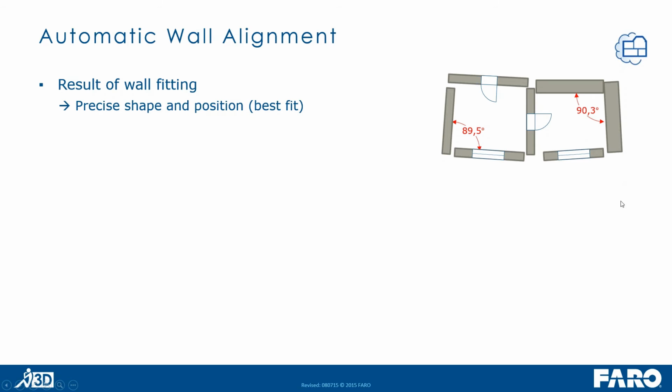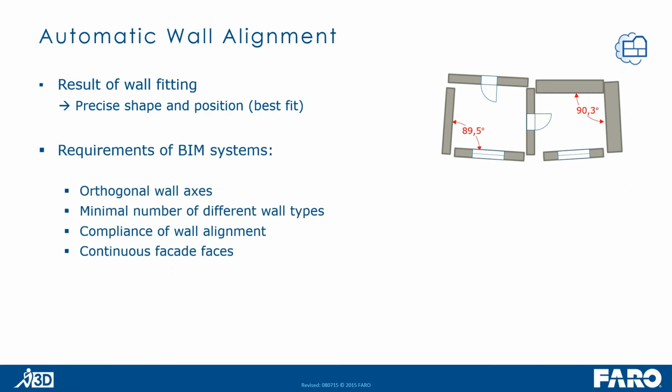So you have no 90-degree angles, no continuous wall axis, no continuous wall faces. But in most cases, if you want to work with this Revit model, you need a little bit of adjustment. You want to have orthogonal wall axes and continuous wall faces and all the things.